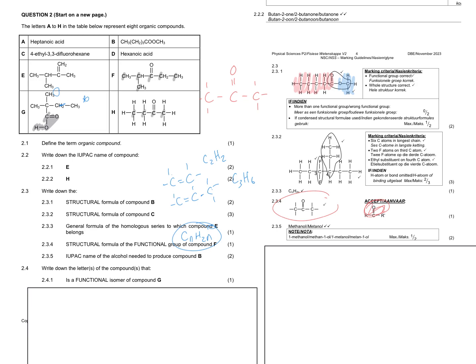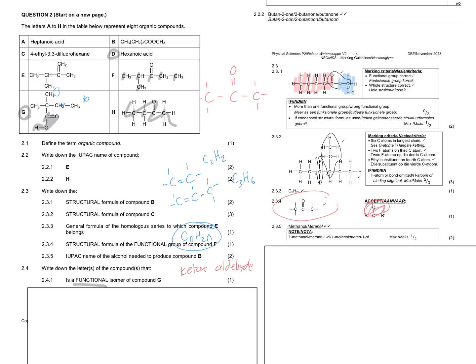Hexanoic acid, see now this one and this one both have 6 carbons and they're both acids, but that doesn't mean that they are a functional isomer. Functional isomer, we need to study maybe. It is simply a ketone and an aldehyde. So an aldehyde is a functional isomer of a ketone.